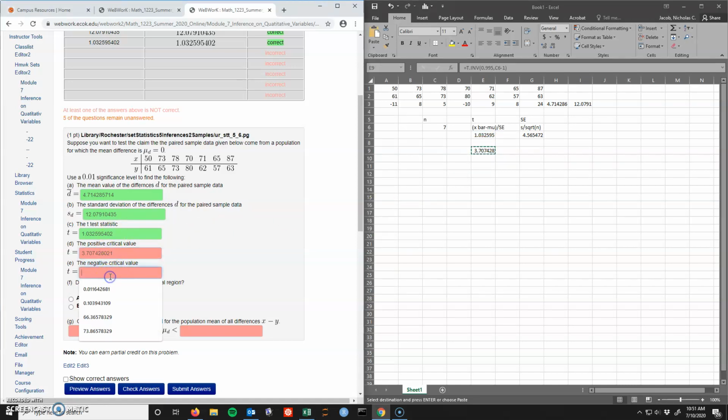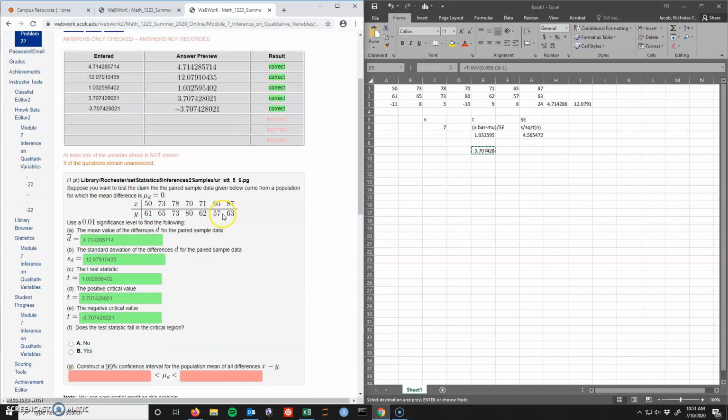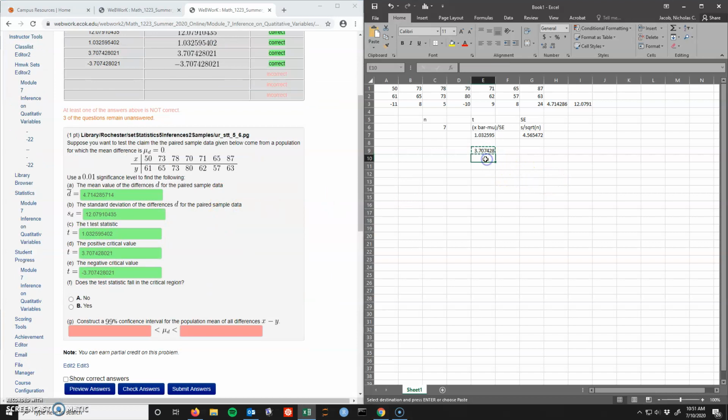And I will tell you guys that the t is perfectly symmetric. So if you need the negative critical value, it's just the minus of that. So let's check those answers, make sure I'm still on task. If I wanted to do that computation through Excel, I would have done the t.inverse, and I would have given it the probability 0.005.